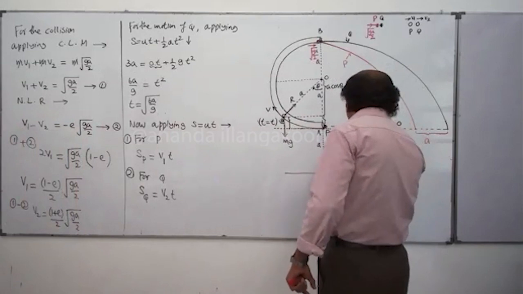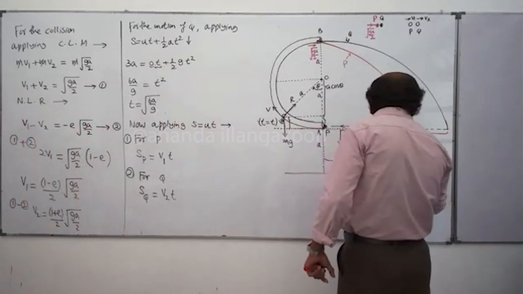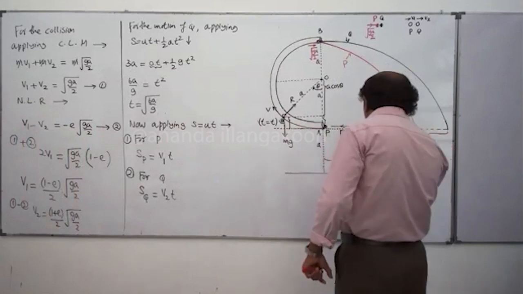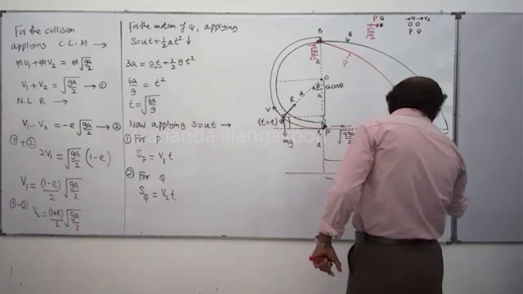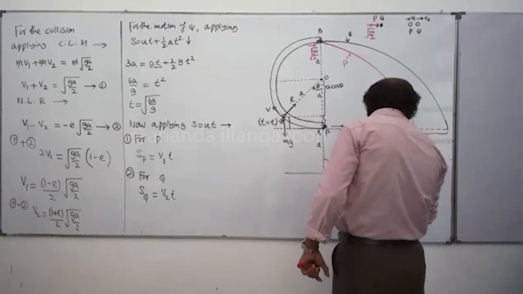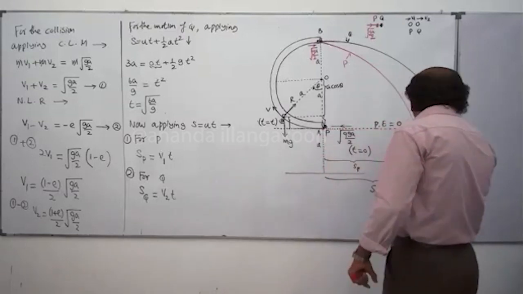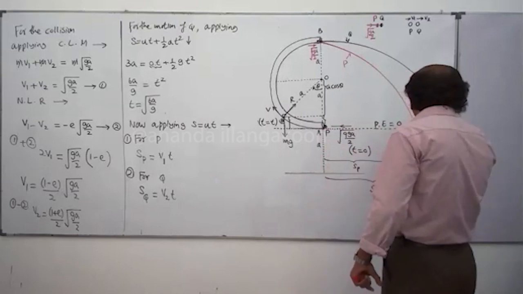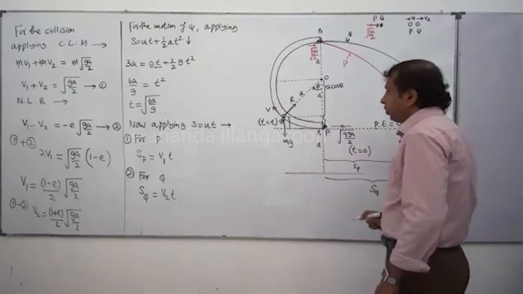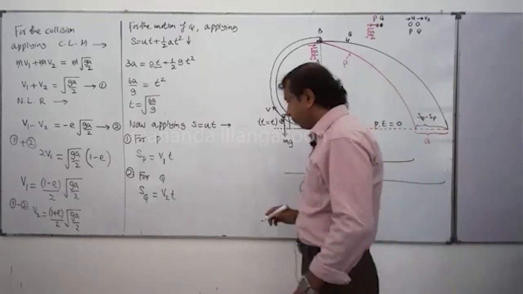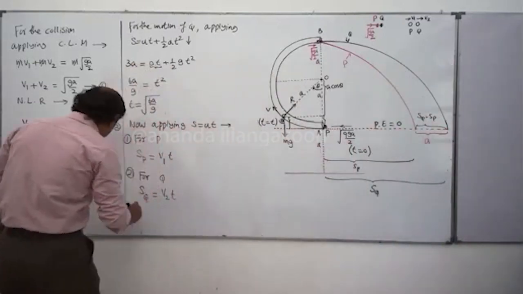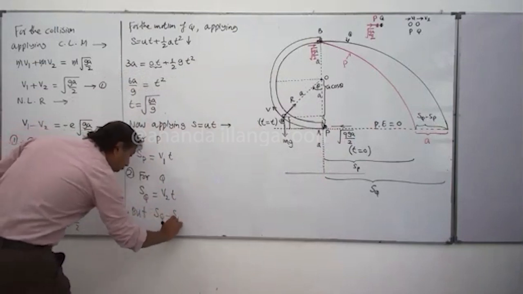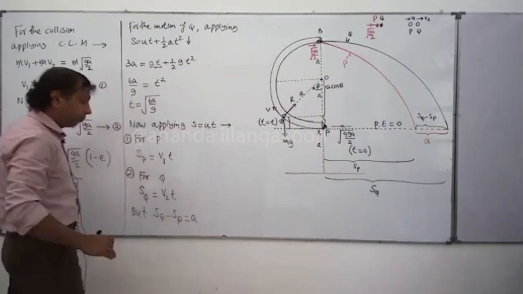Now, sp means this length. Sq means this length. Then this length means sq minus sp. Sq minus sp is simply a.